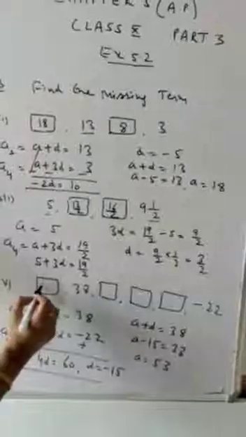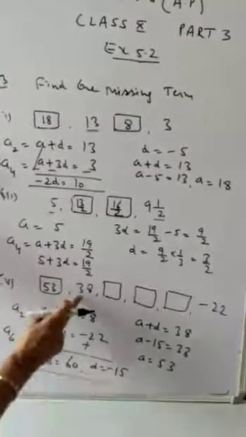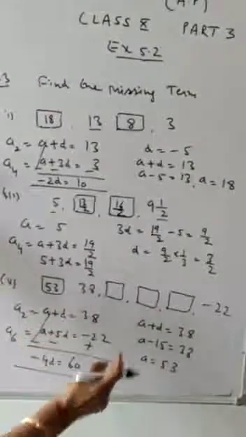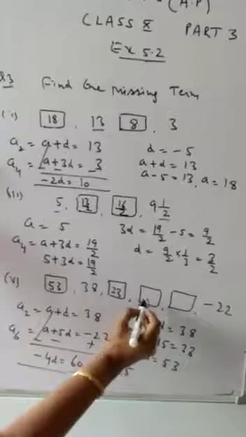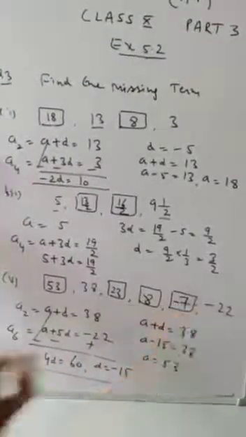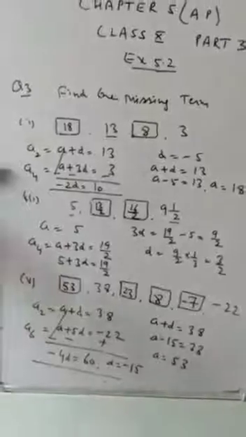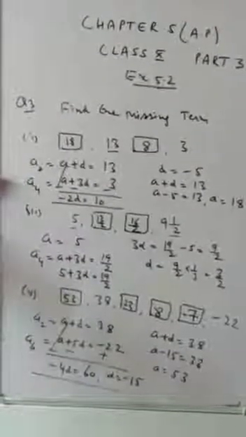Now first term 53. 53 minus 15 is 38. 38 minus 15 is 23. 23 minus 15 is 8. 8 minus 15 is minus 7. So we can find the remaining terms of the AP.